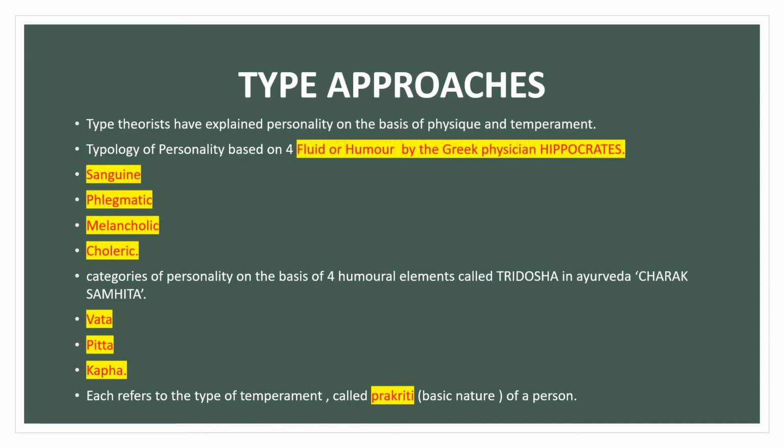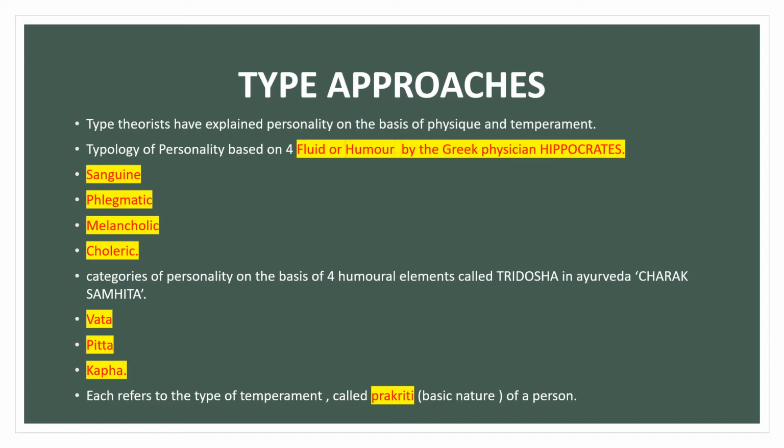The temperamental characteristics associated with these four humors are, for sanguine, cheerful, light-hearted, happy, hopeful, etc. If sanguine is dominant in my body, then I will be cheerful, light-hearted, happy, hopeful, etc. If choleric is more dominant in my body, then I will be irritable, angry, and ambitious.